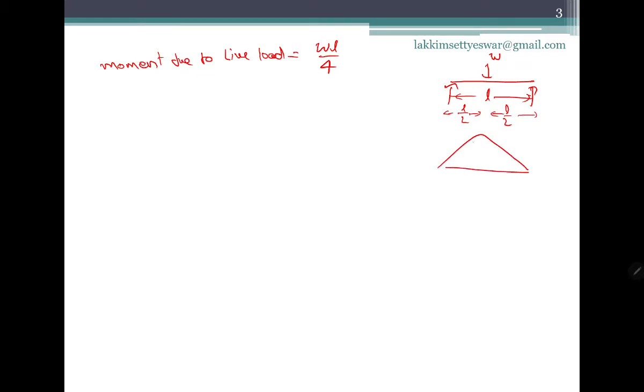The bending moment at the center of the span is W L by 4. W is 68 kilonewton and the length of the span is 3 meters, divided by 4, equal to 51 kilonewton meter. This is at center span.